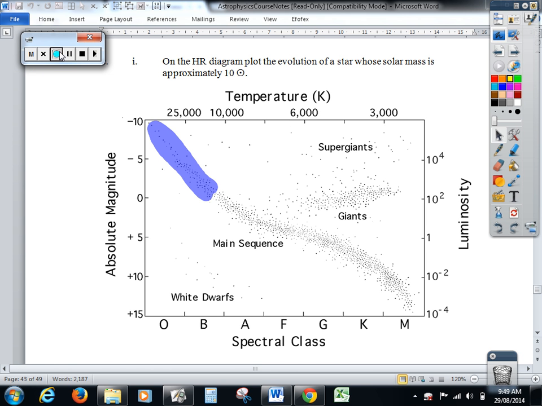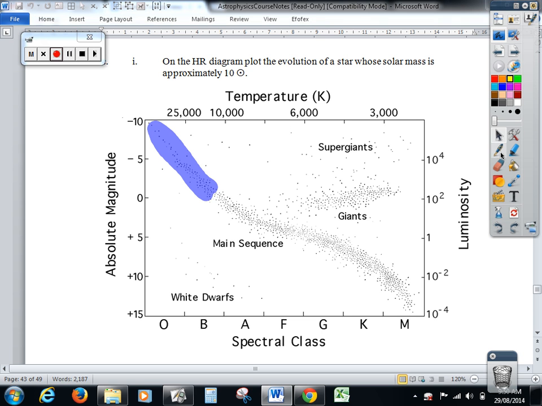Okay, once again, these are approximately 10 times the size of our Sun, up to even much bigger. So it's conservative. These are the top ones, the blue, the upper whites, so the A0s maybe, all the way up to the O stars. These will most likely end up in a supernova.